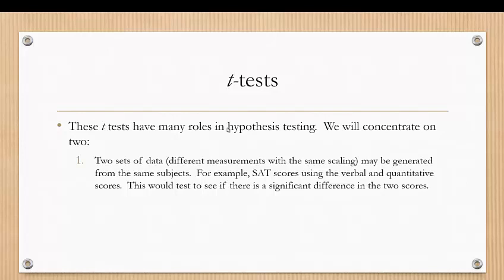For example, we might look at a group of students who have taken their SATs, and we want to compare the verbal and quantitative scores to see if there's a significant difference between these 2 scores. So we have 2 sets of data generated by the same subjects, the same students.